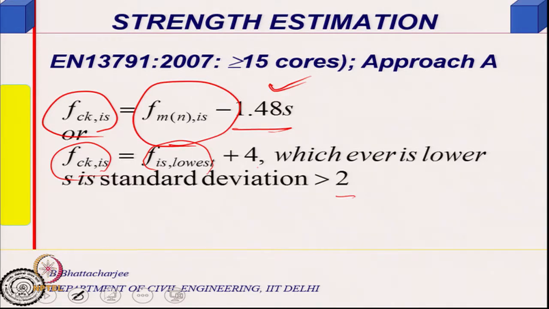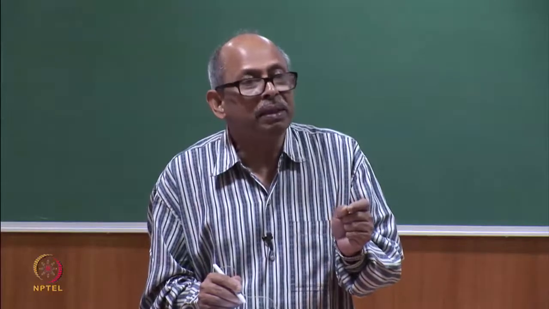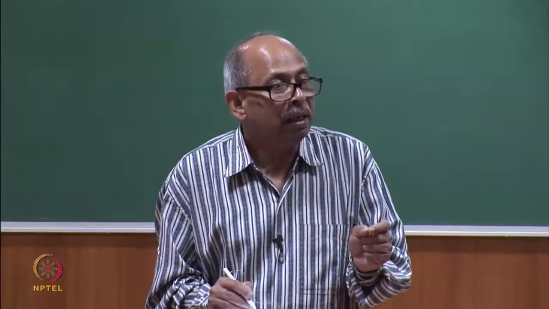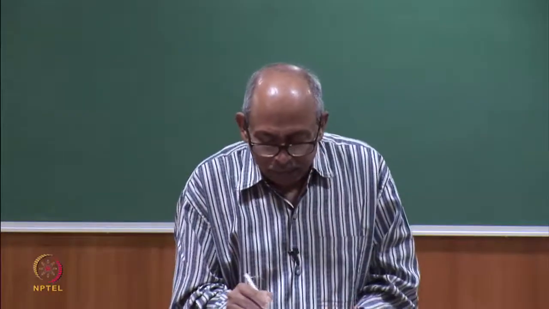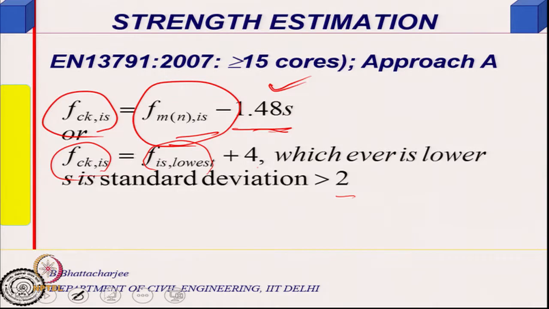So, if it is M20 concrete, 0.85 FCK is 17 MPa. So, the mean in situ strength minus 1.48 standard deviation, which is FCK IS, should be more than 17, then it will be satisfying the M20 grade of concrete.